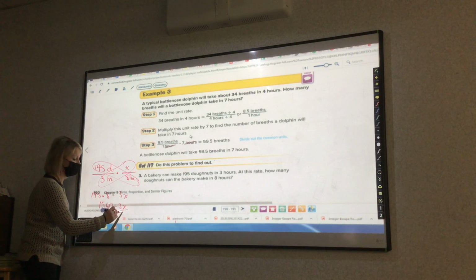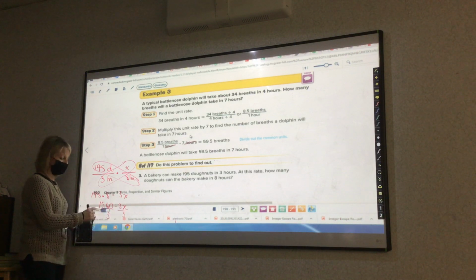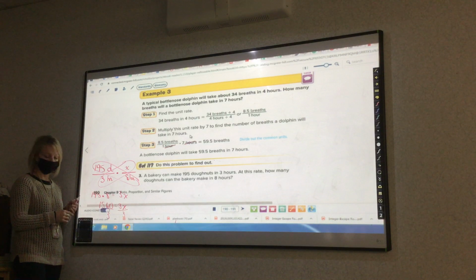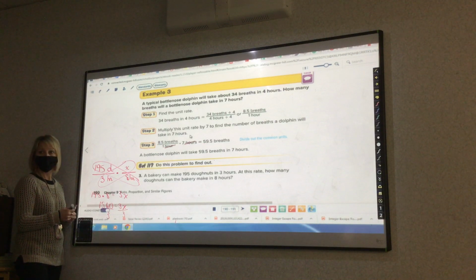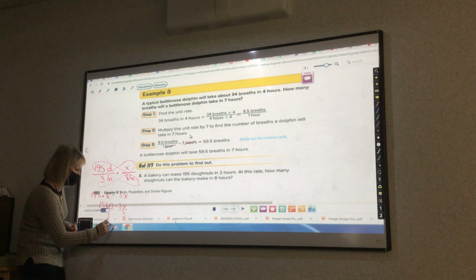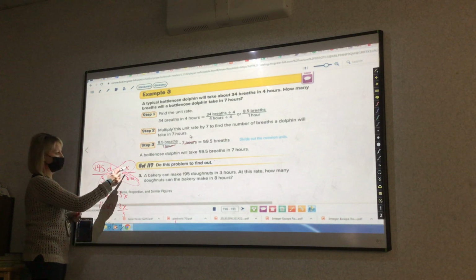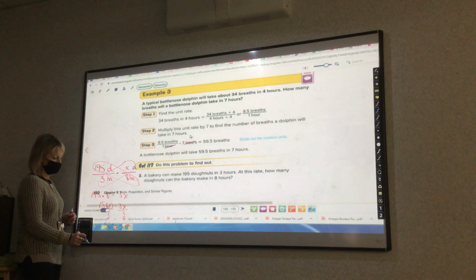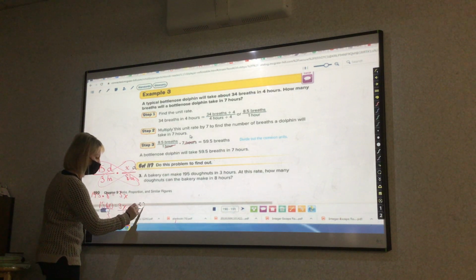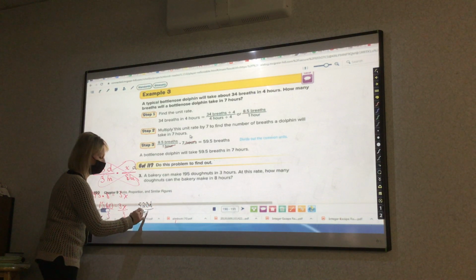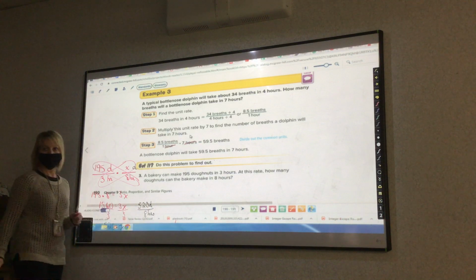Then I'm going to show that I'm dividing by 3, divide by 3, but am I going to do this in my calculator? Yes. So we'll do 1,560 divided by 3. 520? So 520 equals x, and my x is the number of donuts. So they can make 520 donuts in 8 hours.